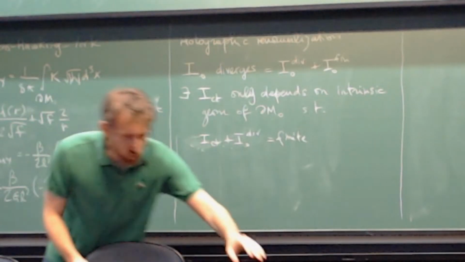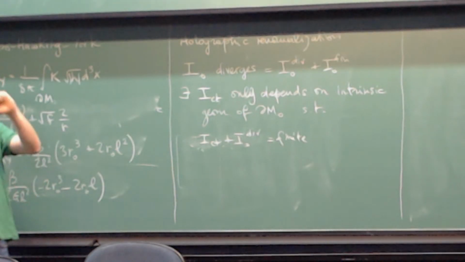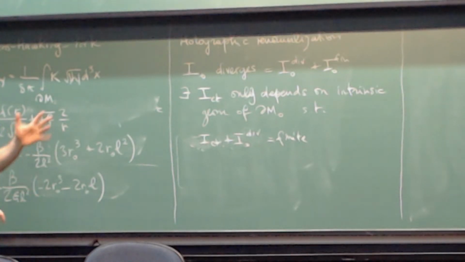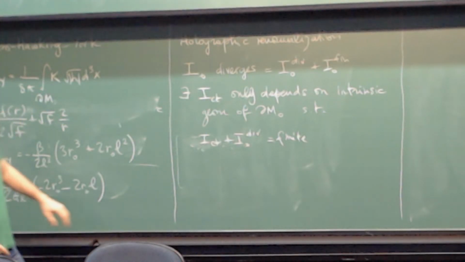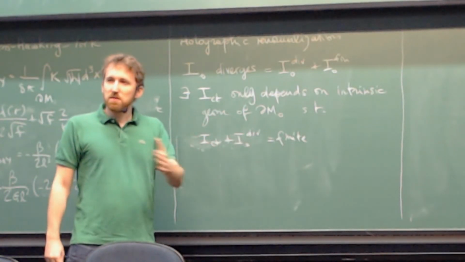Doing this technique is actually very technical, in the sense that you need to check what the divergent terms are. You need to be able to show that there exists a function of the intrinsic geometry, so a function of the induced metric, its curvatures, and possibly other finite terms, such that you cancel the divergence order by order.